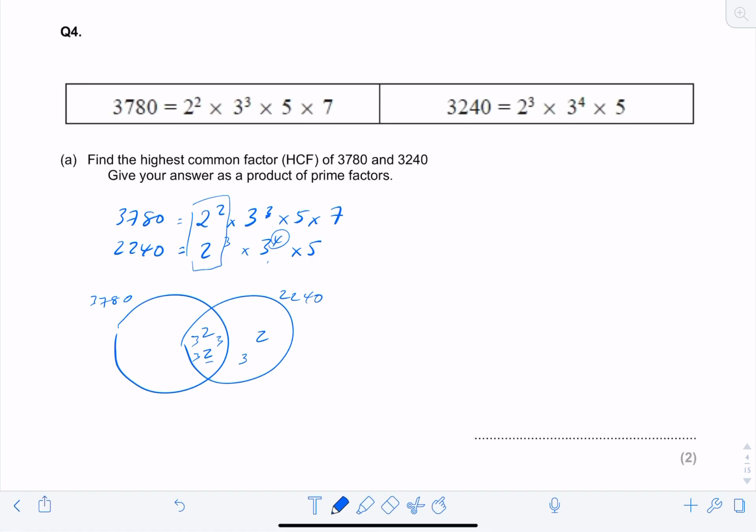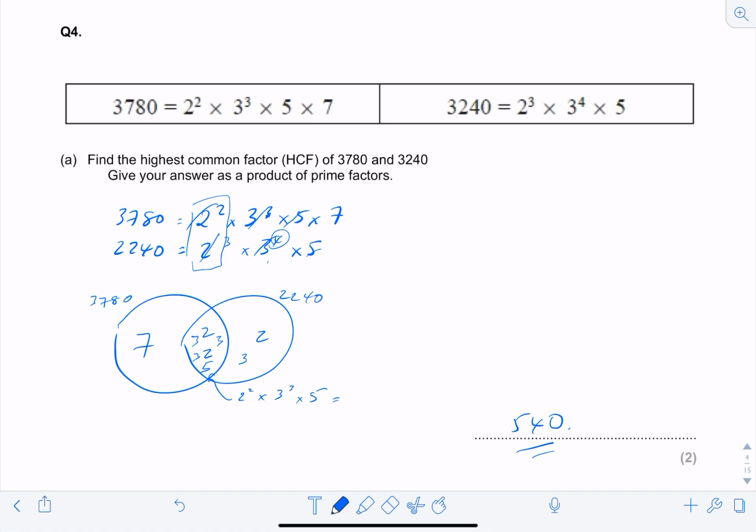And then I've also got a 5 that's common to both, but over here I've also got a 7. So what's going to be my highest common factor is all of those common ones times together. So 2 squared times 3 cubed times 5, which is 540.